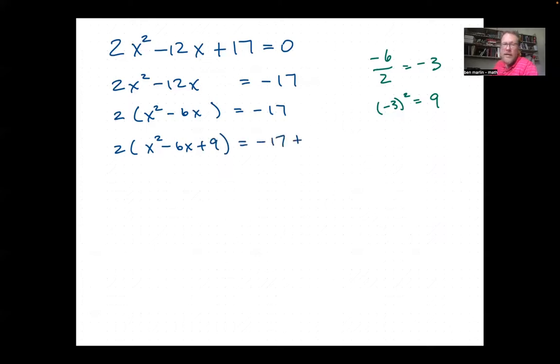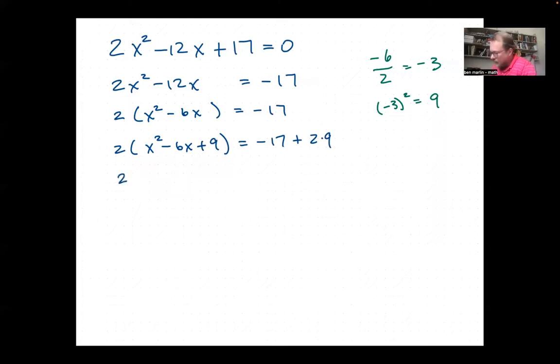Now over here on the right hand side, we have something that's often a little confusing. Remember here that I just added 9. It would be natural for you to think, okay, so Ben's going to add 9 over here. But the thing is, I didn't really add 9. I really added 2 times 9. So I have to add 2 times 9 so that I'm doing the same thing to both sides of the equation.